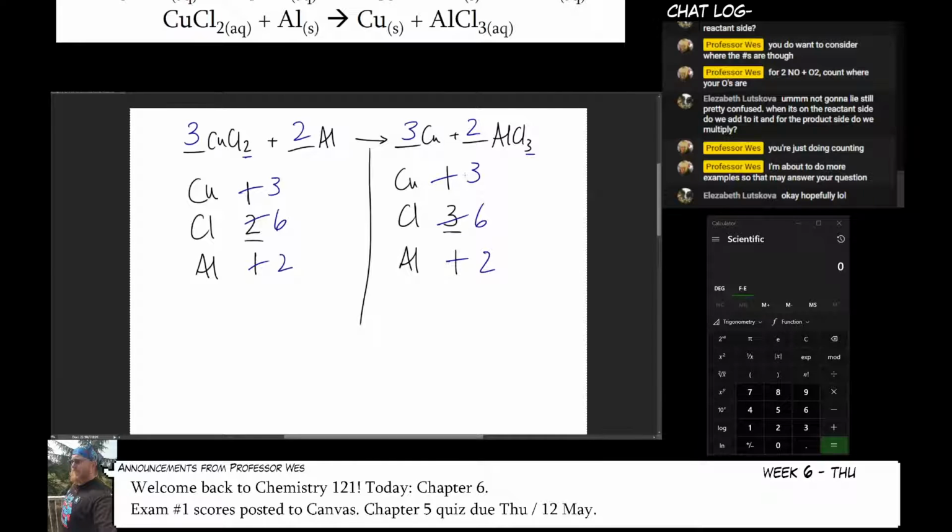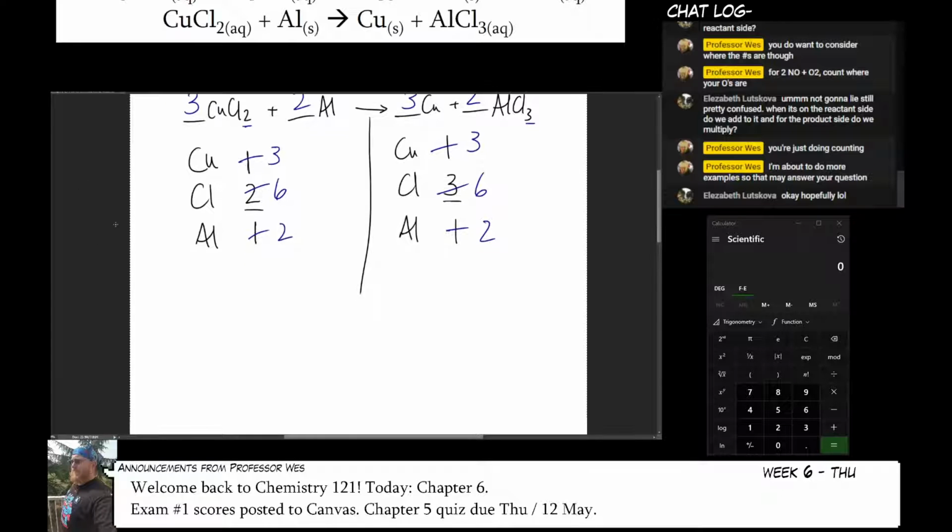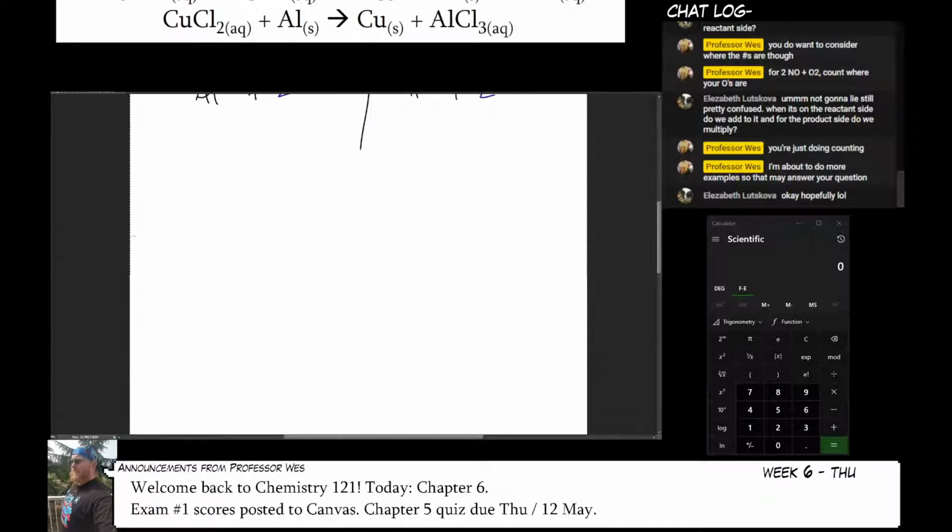So hopefully that gave you some sneaky tricks that you can use to do this. But really the trick that it's going to come down to when you're balancing these equations is write everything out and do the math. Like actually count stuff. I think the issue you might have had earlier was when you have something like, say, whatever this is, and I have 1A and 2B.